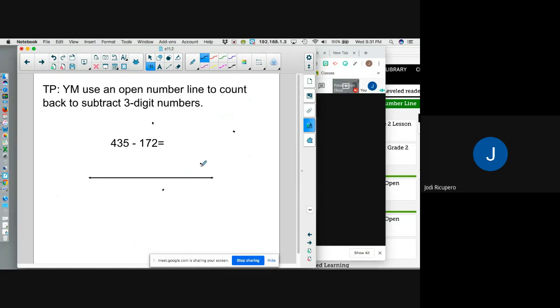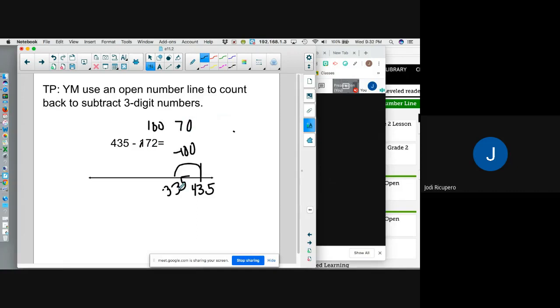Okay, to solve this, once again, we start with 435. And now I need to subtract 100. So 435 take away 100 equals 335. Now I need to subtract 70.